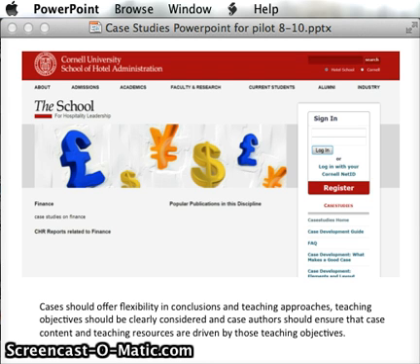Case authors should provide instructors with potential solutions to the case or the best possible answer to the tasks, questions, or decision points posed in the case, without dictating absolutely what approaches the instructor must take.